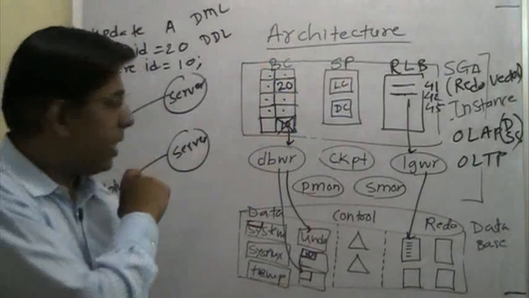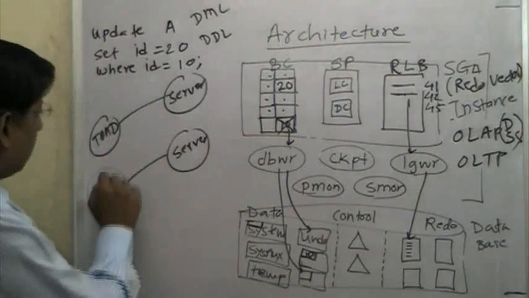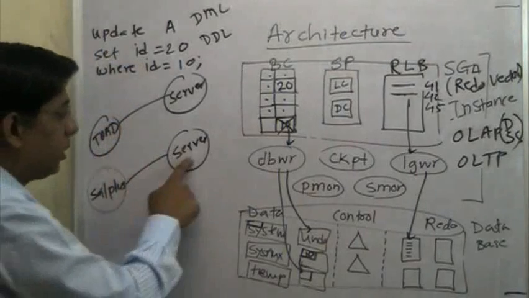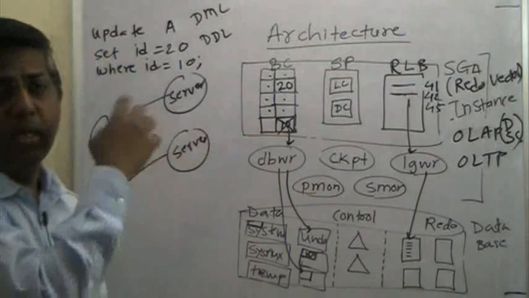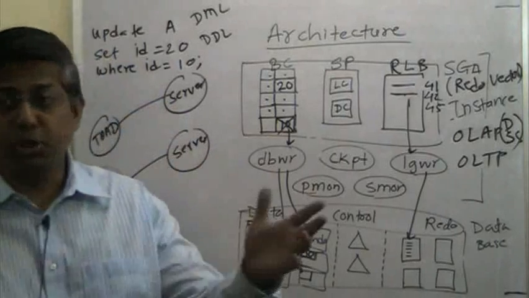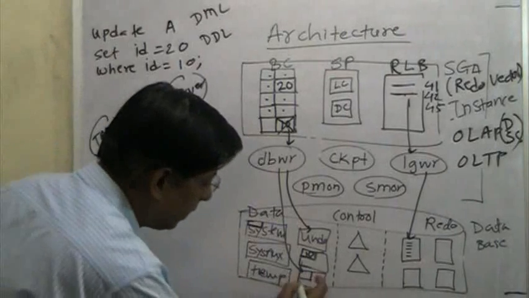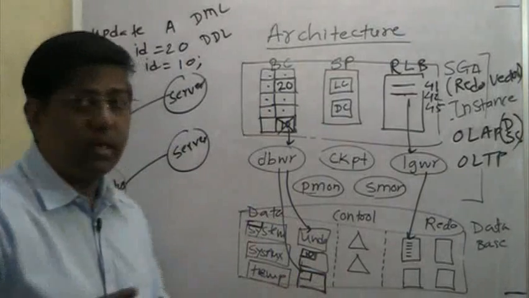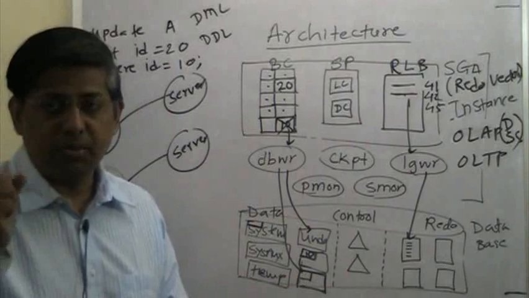Till the time that some other person, let us say the update statement was executed by Toad, some other guy came in and executed just a simple select statement: select star from some very huge table, sitting in this data file. This huge table contains, let us say, 1,000 blocks.